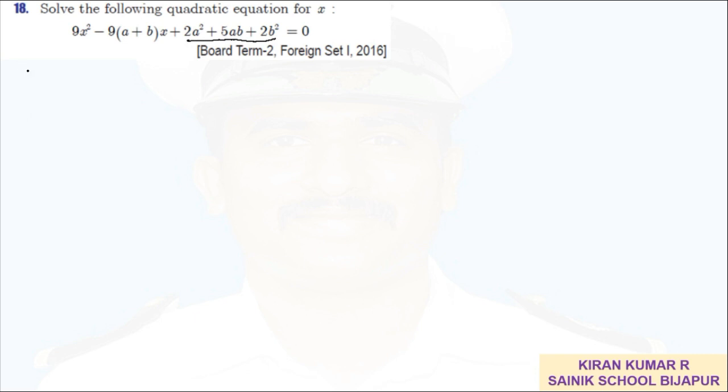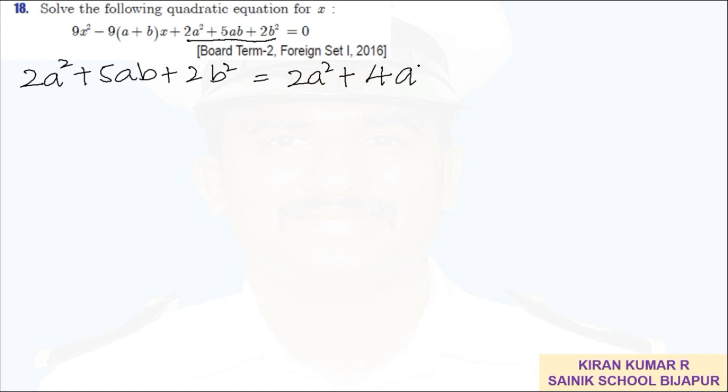Let me consider now 2a square plus 5ab plus 2b square. This can be written as 2a square plus, I'll split the middle term so that the sum becomes 5ab and the product becomes 4a square b square.